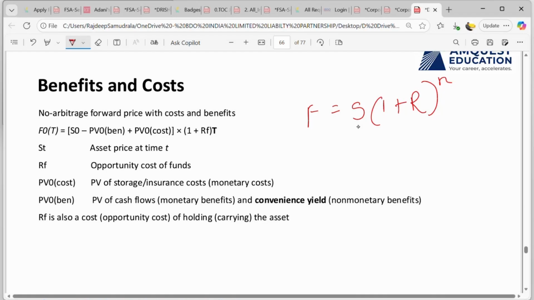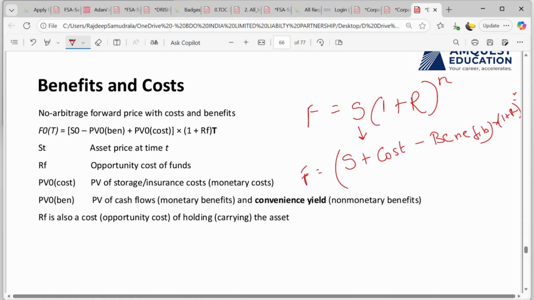It is possible that if I buy the shares at the spot price, I may incur additional cost and I may also earn some benefit during this 1 year that I'm holding it. I may earn dividend, I may earn some income, I may incur some additional storage cost. So all of this will be added and subtracted, and then you can do into 1 plus R raised to N.